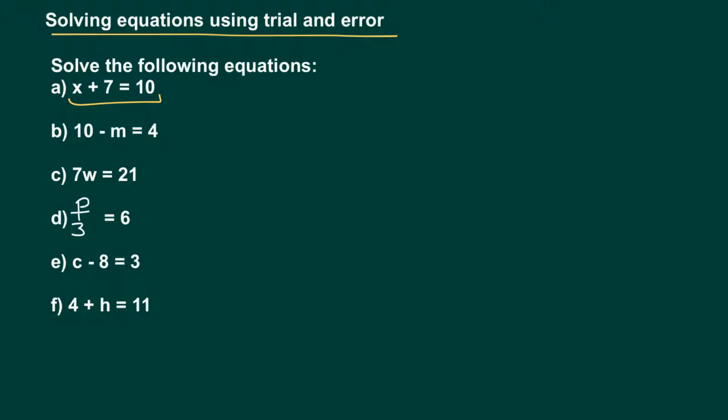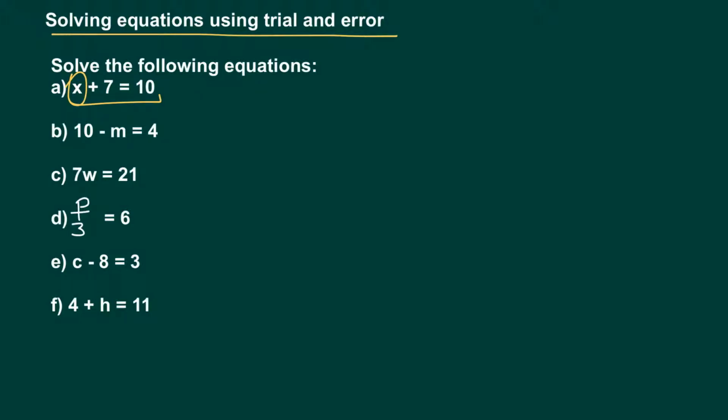So let's have a look at the very first one. It says x plus 7 equals 10. Now we know that x is an unknown variable, and x plus 7 equals 10 is simply an equation. So x basically just represents a number. All we have to do to solve this equation is think of the number that, when used, will give us the number 10 at the end.